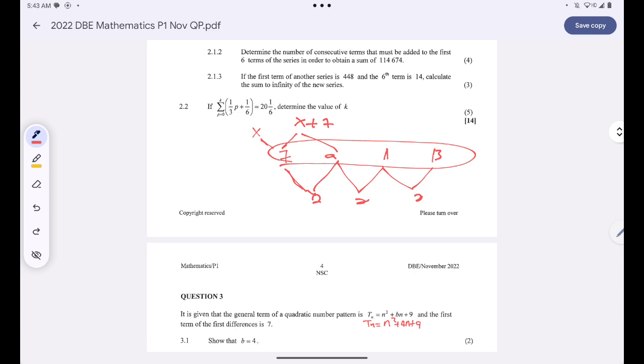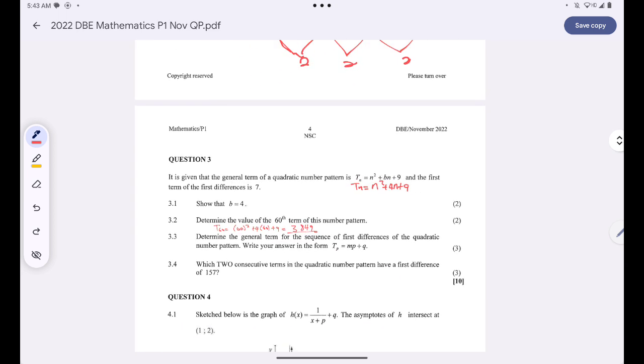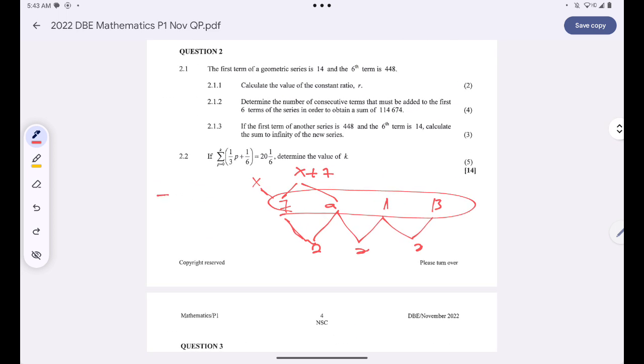Are we together? So they want it in the pth term of my sequence, which is a plus p minus 1 d.